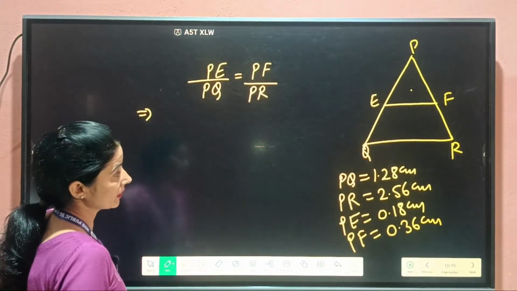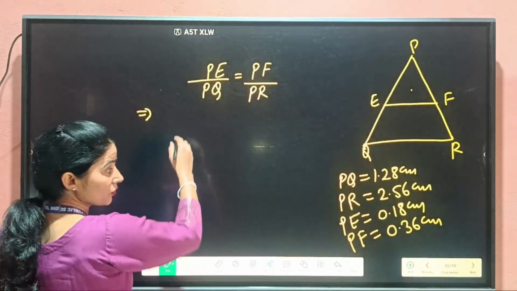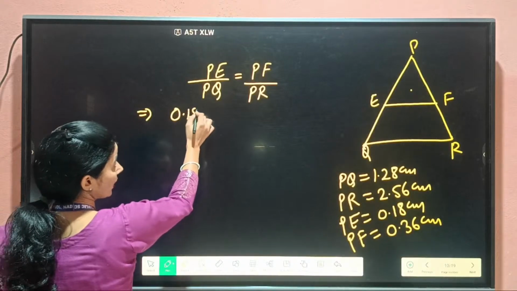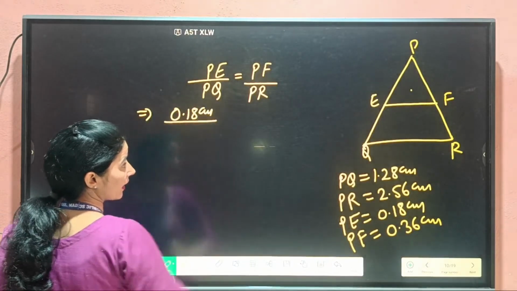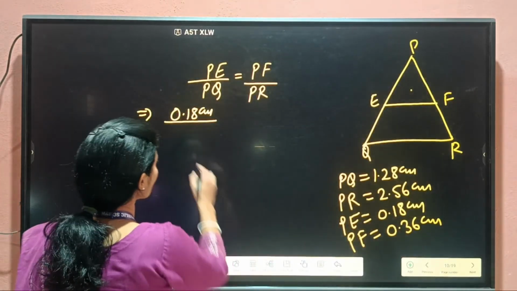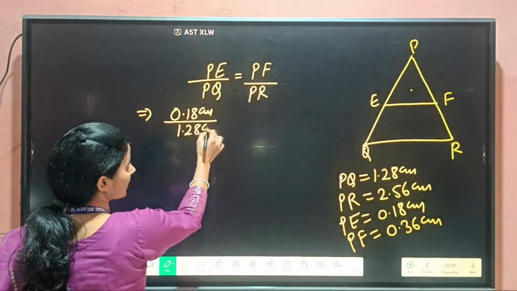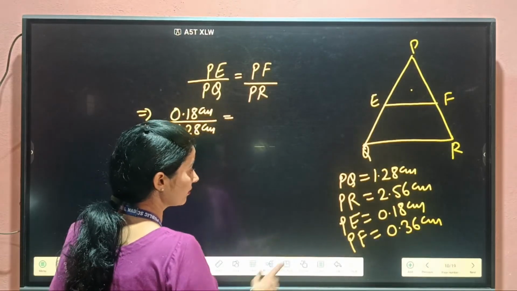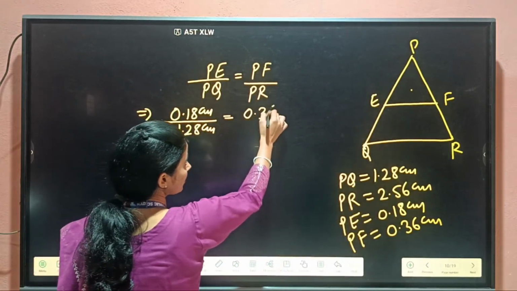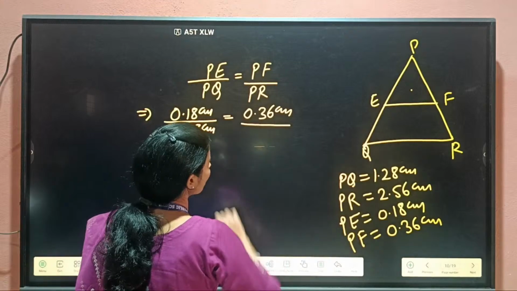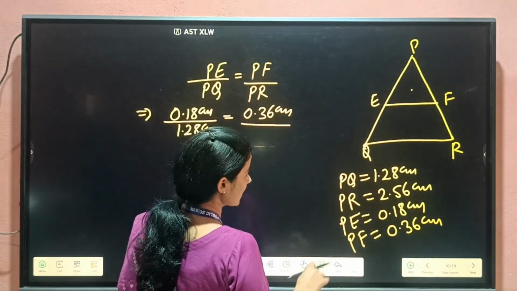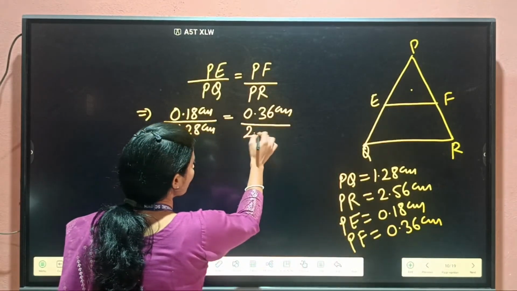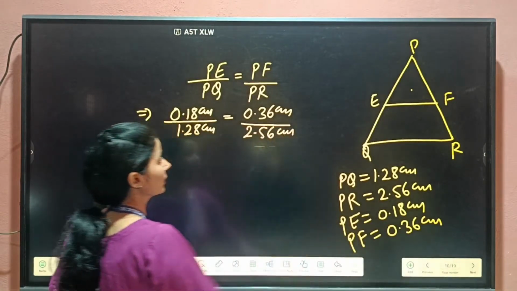Now, what is PE? PE is 0.18 centimeter and PQ is 1.28 centimeter, which must equal PF, what is PF, 0.36 centimeter, by PR, what is PR, 2.56 centimeter.